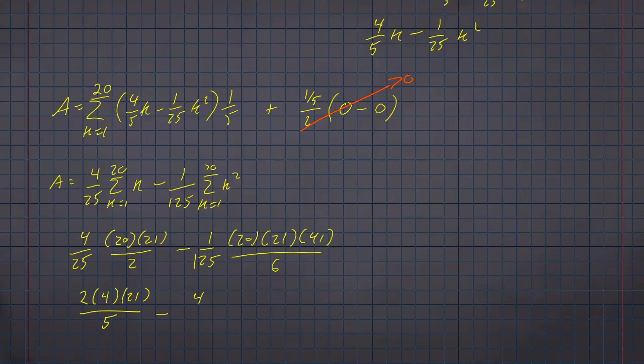So it'll be 4, that'll be 25. 21 is 3 times 7. And 6 is 3 times 2. And hey, this 4 and that 2 will cancel out, leaving me just with another factor of 2.